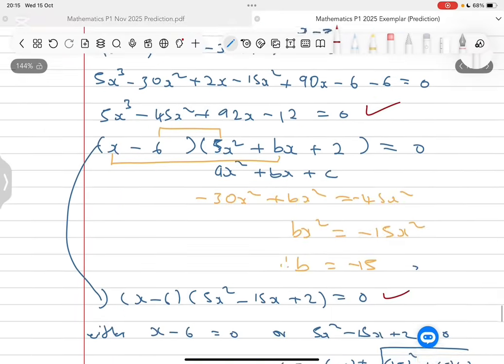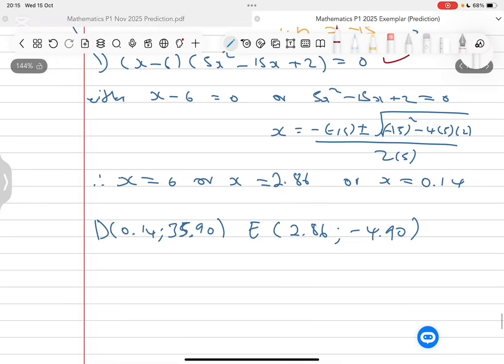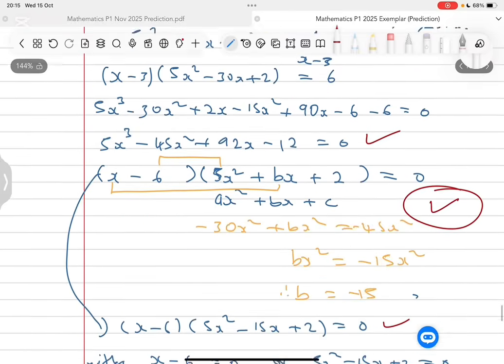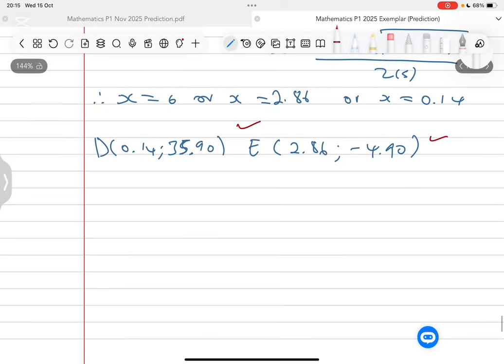So already we have 3 marks there. You will get a mark for finding each point, and another mark will be reserved for doing simplification. All these simplifications will give you 1 mark. And all those points will give you a total of 6 marks.